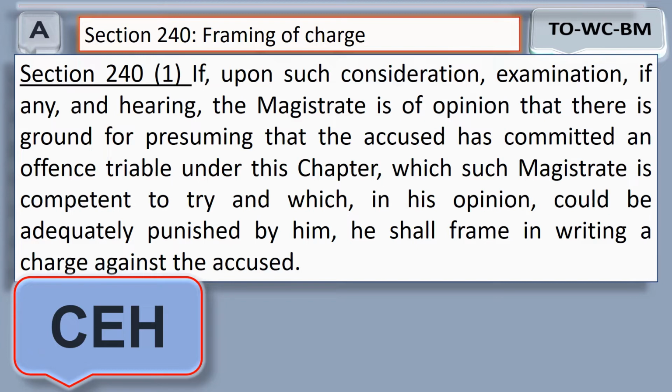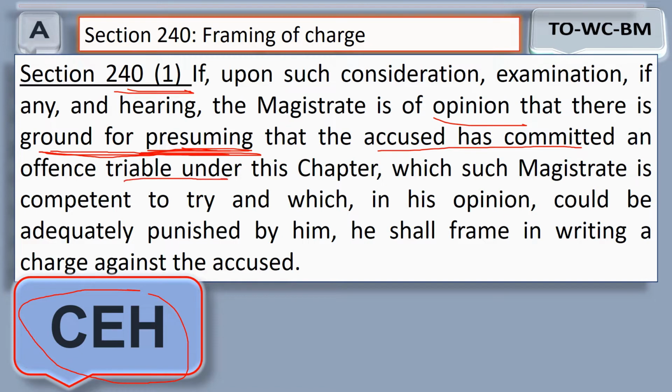So he was discharged. But now subsection 1 of 240 says, upon consideration, examination and hearing, the magistrate forms an opinion that there are grounds for presuming. Now I'm stressing on the word presuming because he's presuming right now that the accused has committed an offence triable under this chapter.